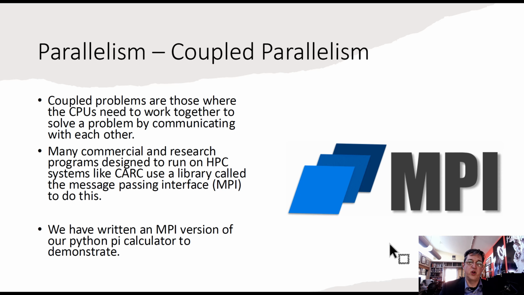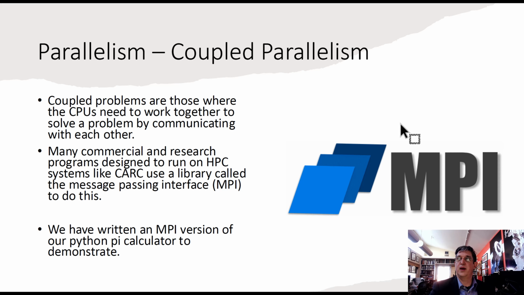It's not that you need to know how to program this unless you're writing your own MPI code, but it's good to understand the frameworks needed to run your MPI code, because when you start it up, you're going to have to use something like srun or mpirun to tell it that it's an MPI program that can communicate with other copies of itself. All right, so let's take a look at an example of that.